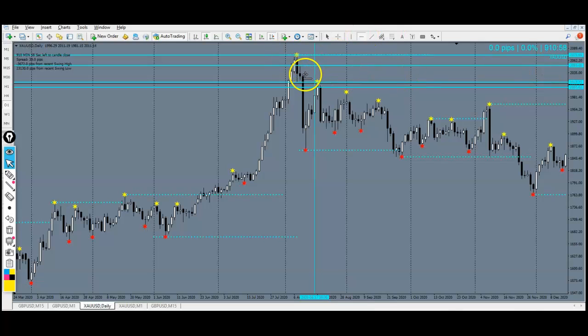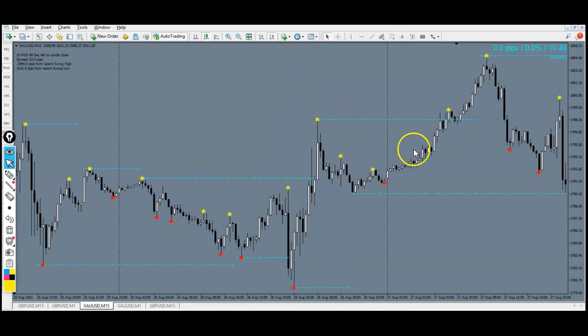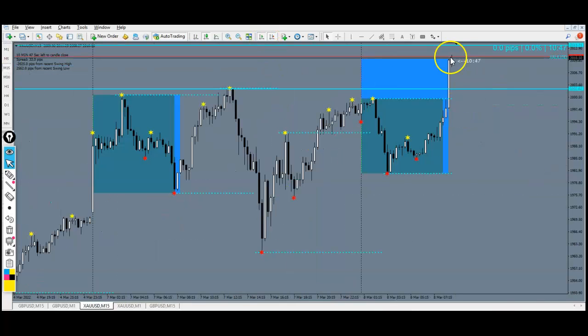Let's even put it here for good measure, the 2026. Those are possible areas that price could go to before it reverses. So we'll have to keep an eye out to see what price will do right there. We'll put our points here too.